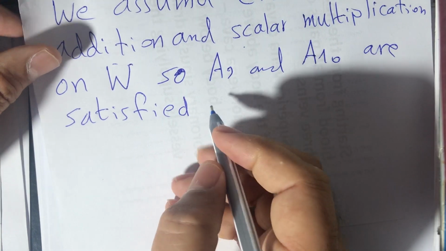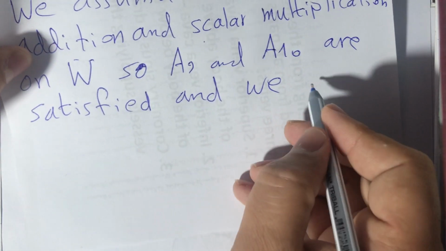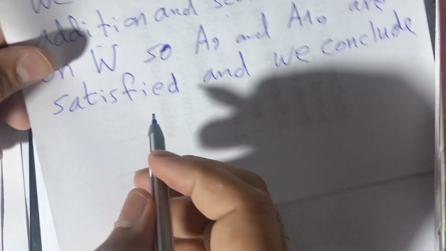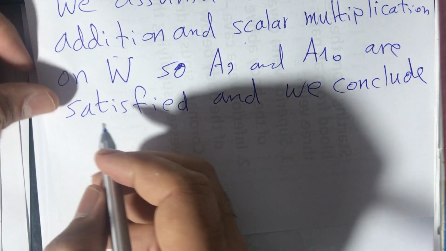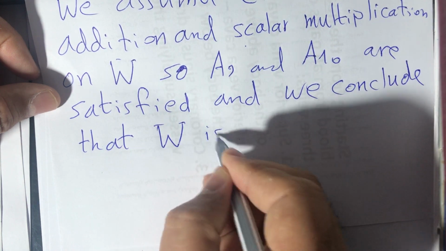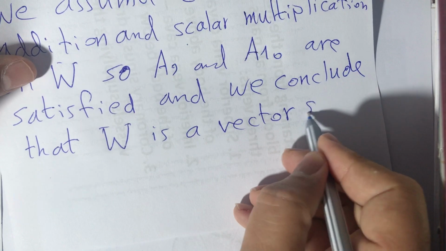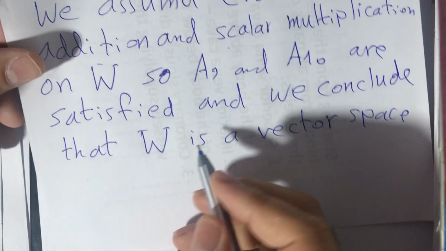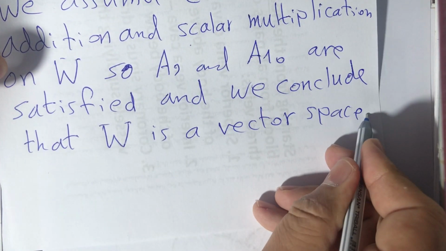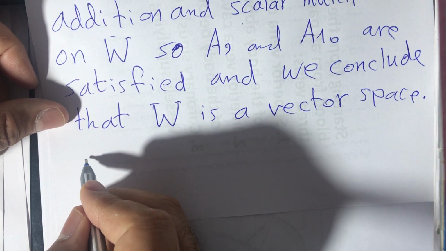And we conclude that W is a vector space, satisfying all axioms of a vector space.